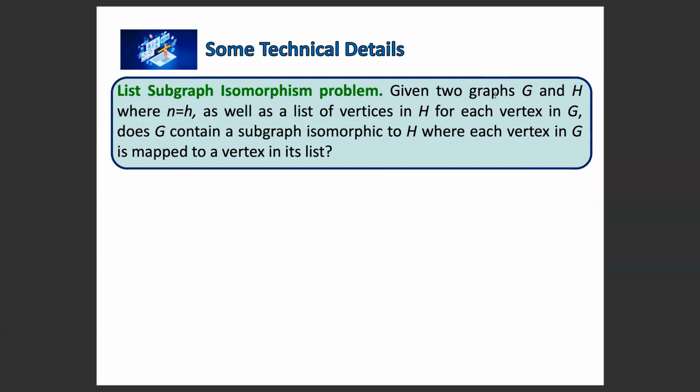We are given two graphs G and H that have the same number of vertices, as well as a list of vertices in H for each vertex in G. So each vertex in G has a list. And then we ask whether G contains a subgraph isomorphic to H, where each vertex in G must be mapped to a vertex in its list. So it's like subgraph isomorphism, but we have the constraint that a vertex in G can only be mapped to a vertex in H that belongs to its list.